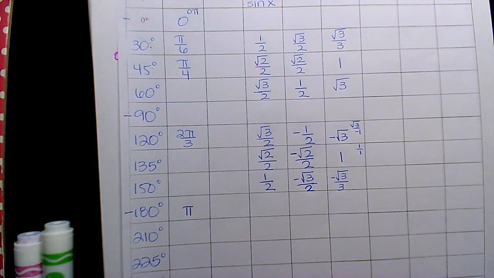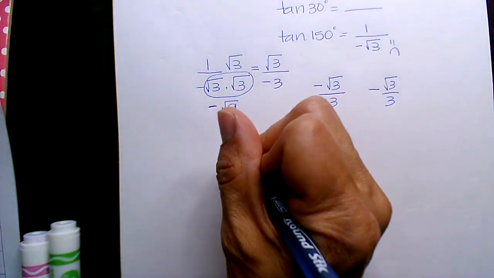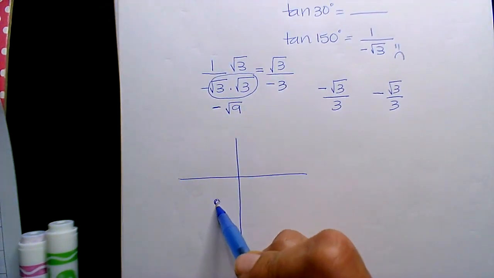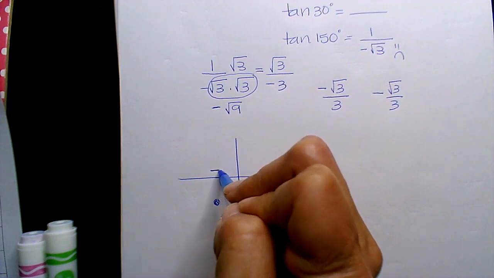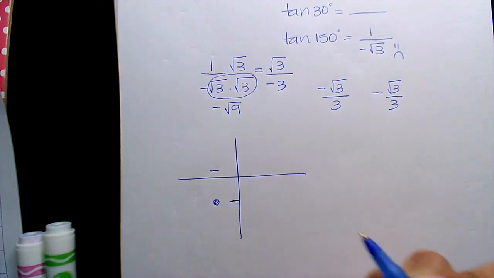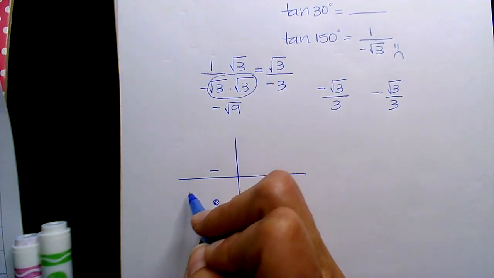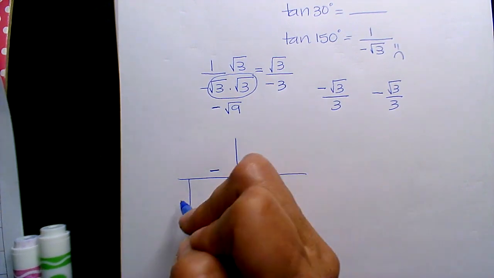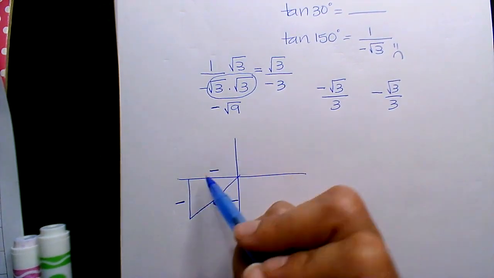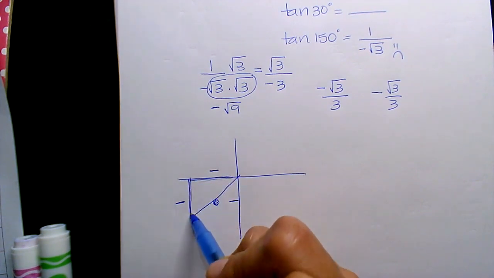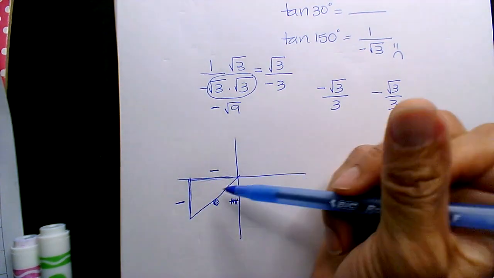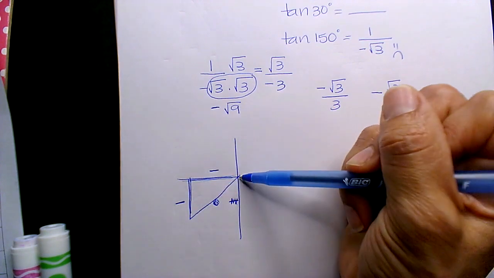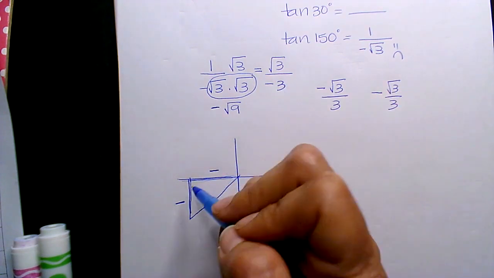We'll do 3. You could try 3, you could try 4, but for those of you moving on, any point here is what? A negative and a negative. So that means when you draw your triangles in quadrant 3, the two legs are both negative, not the hypotenuse, because this is a negative x-axis, this is a negative y-axis.